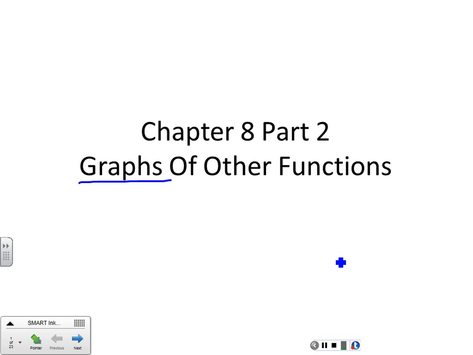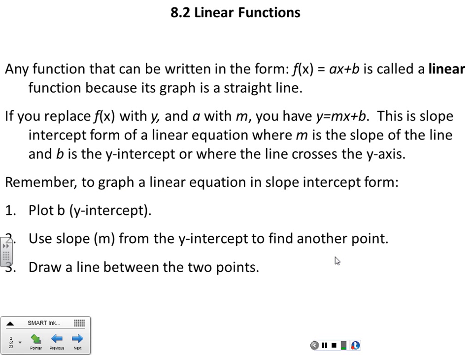Alright, so the first thing we're going to talk about is your linear functions. How many of you know how to graph a straight line? Yay, you already know how to do this. Any function that can be written in the form f of x equals ax plus b, we've already talked about this. This is called a linear function because it graphs a straight line. F of x equals ax plus b is the same as y equals mx plus b.